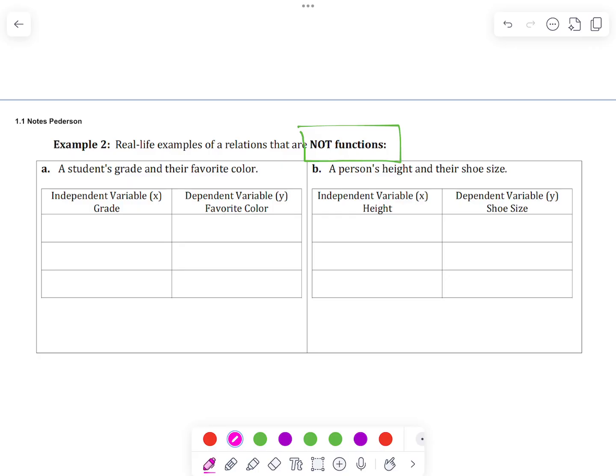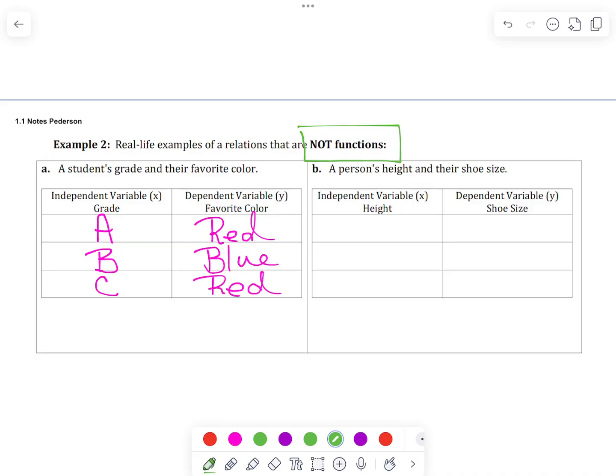So we have student A that gets a grade of A. We have a student that gets a grade of B, and another student that gets a grade of C. And then they have a favorite color of red, blue, and then, uh-oh, we have red again.